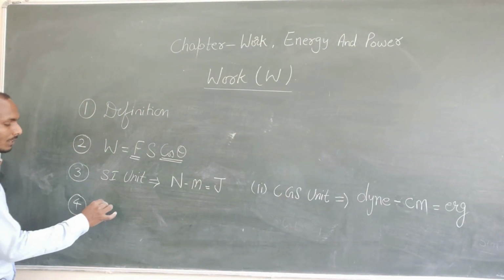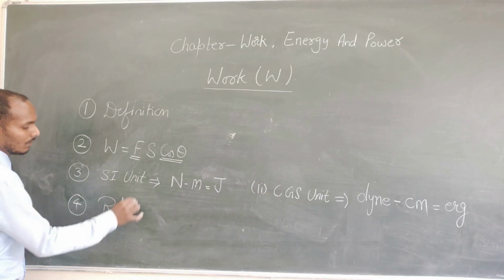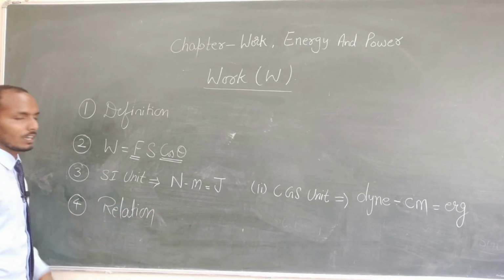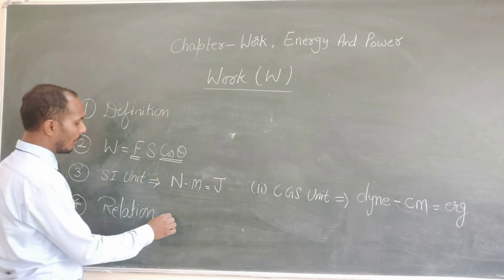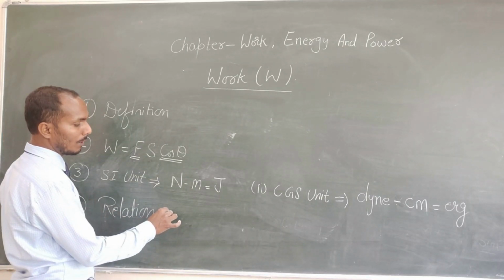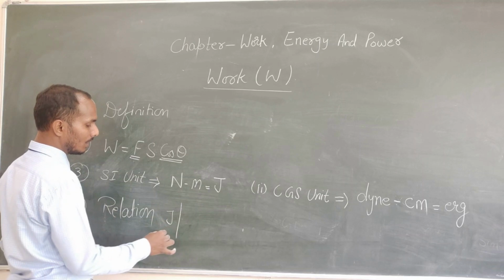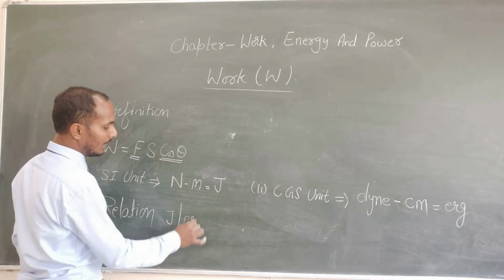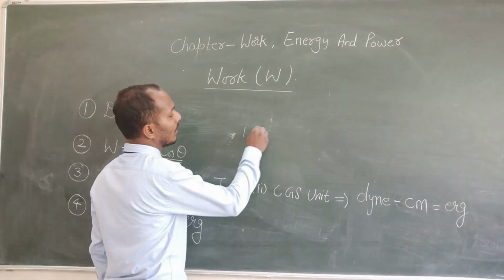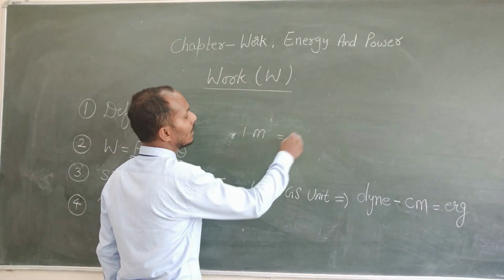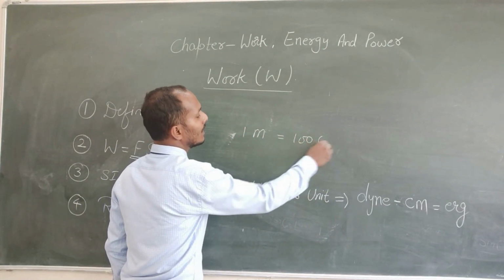Fourth point, discuss the relation. Next term is relation, the relation between work units joule and erg. It is like the relation between meter and centimeter: 1 meter is equal to 100 centimeter.